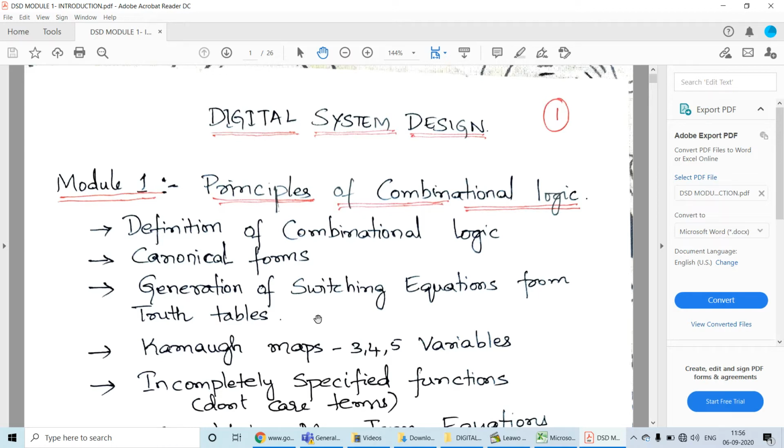So normally when you go further in later semesters, you learn about encoders, decoders, multiplexers, demultiplexers, comparators, and so on. We have a lot of different components which we use in our engineering life when we go further.